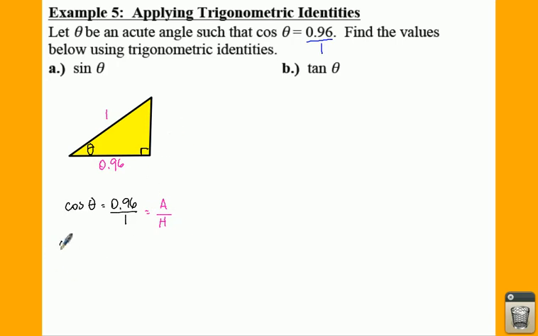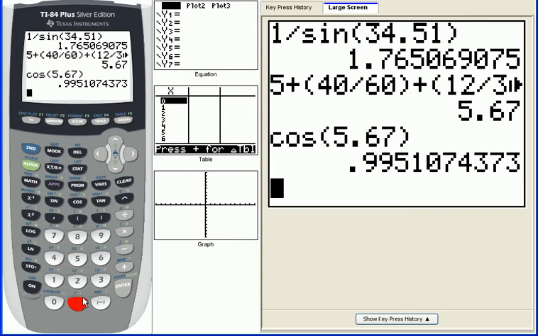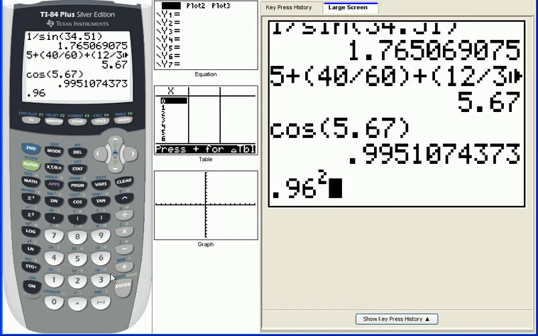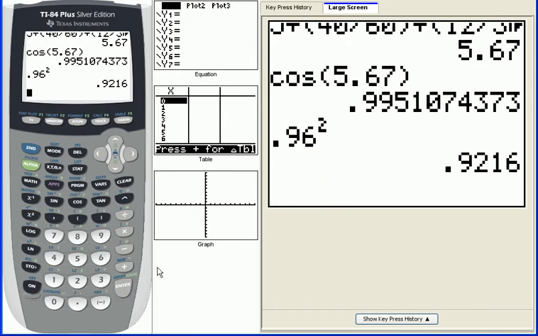So we need to say 0.96 squared plus, we don't know what this is, so we'll call this our y. We could call it an O for opposite side, but that'd be a little more confusing. So we're going to do 0.96 squared plus y squared is going to equal 1 squared. So if you take 0.96 and square that, it's 0.9216.